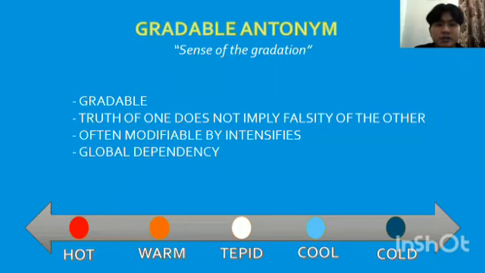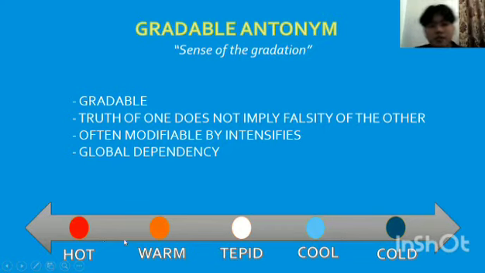And then the second is gradable antonym. Gradable antonyms are antonyms that have space between them. For the example, as you can see in the slide, there are the words hot and cold.